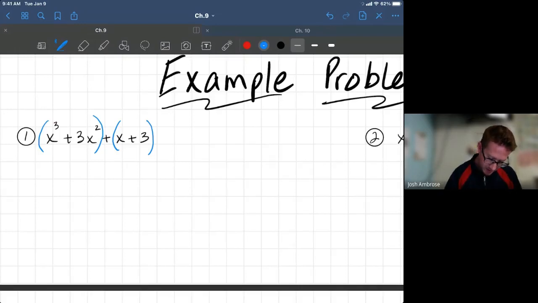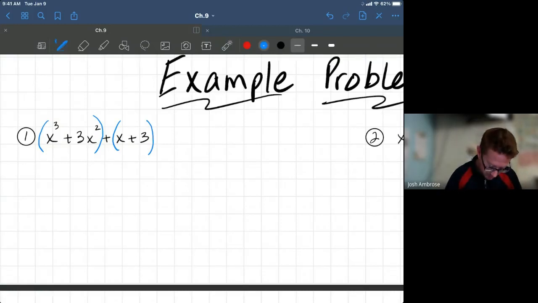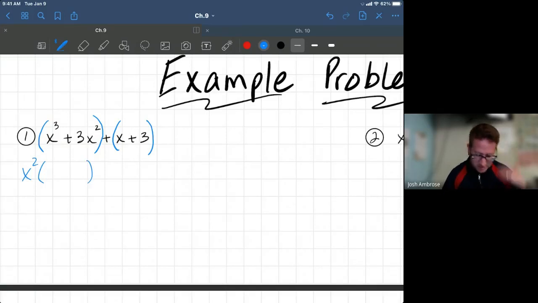But in this case, with our first group, they have the x squared in common. 3 of them here, 2 of them here, they can both give up 2. So take out the x squared and never forget what's left over.